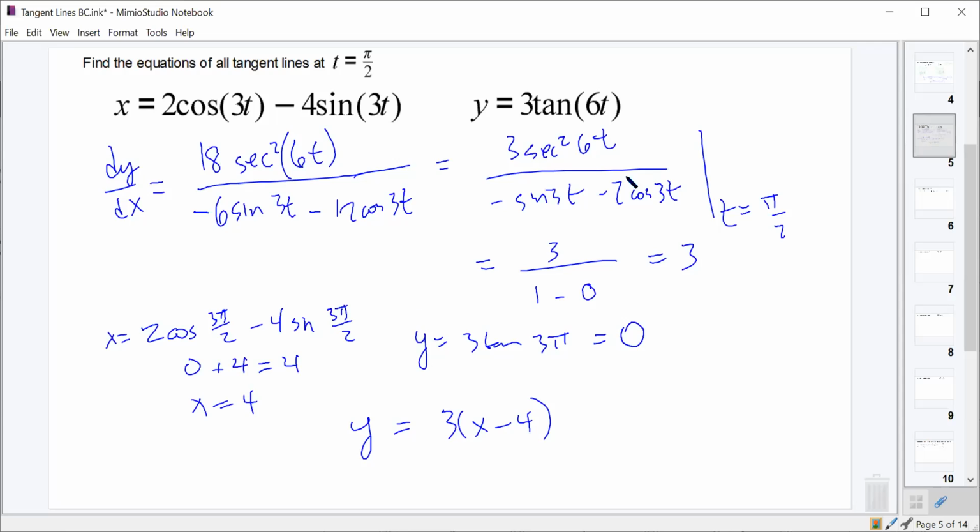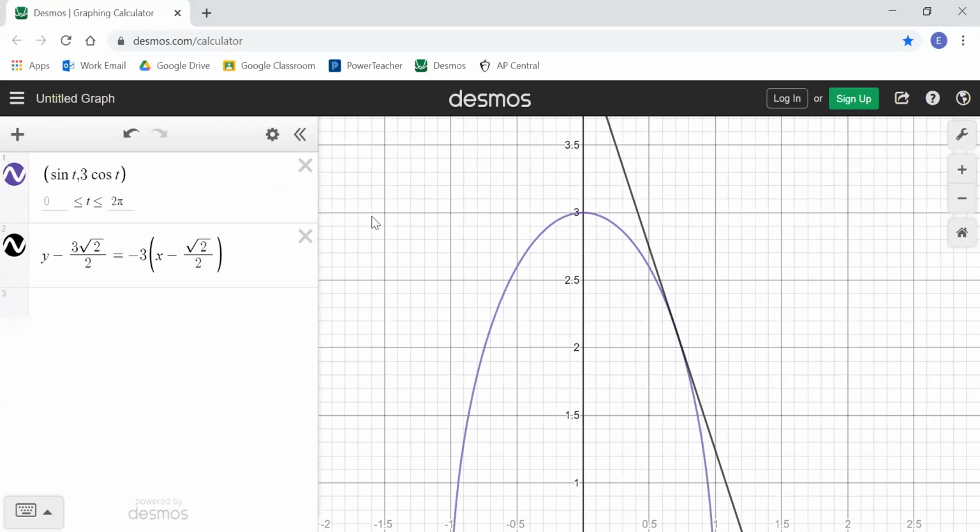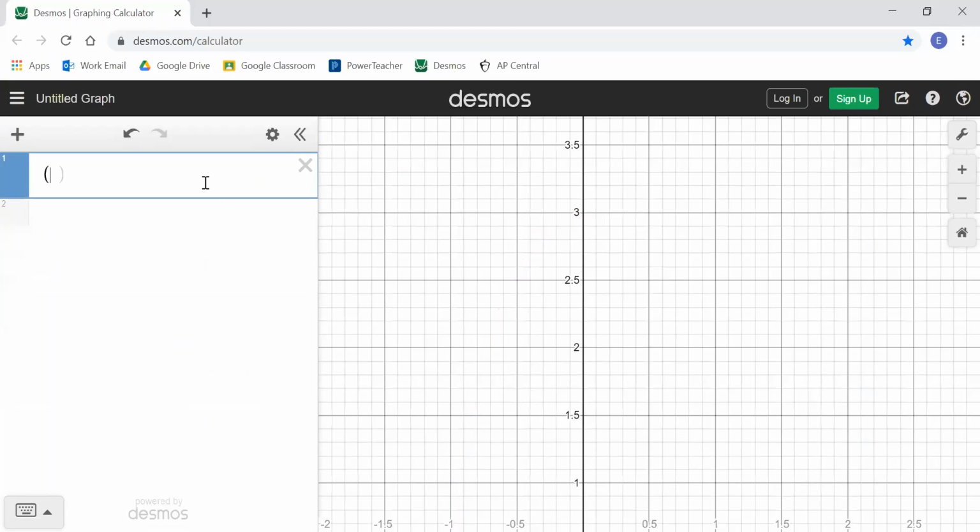Should we take a look on Desmos at it or no? Why not? All right, so we got 2 cosine 3t minus 4 sine 3t. And what was the other one? 3 tan 6t.